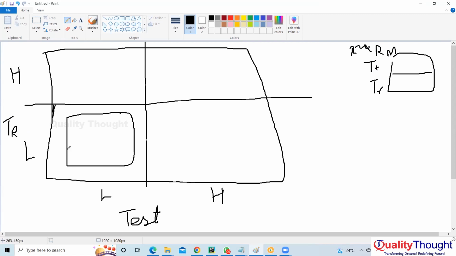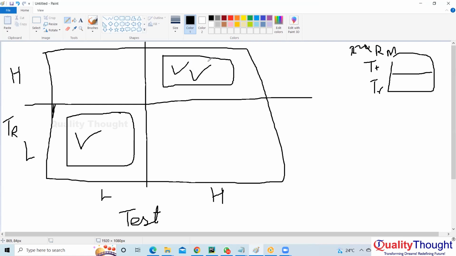If they both are low accuracy, that means it's giving 60 or 50 or 70. This is one possibility, and the other possibility is where both of them give high. This is your normal observation. When you see this, everything is fine. You don't have to do much about it.